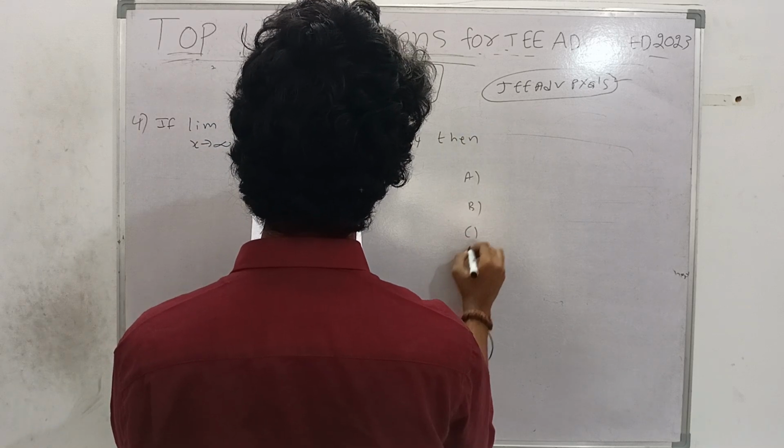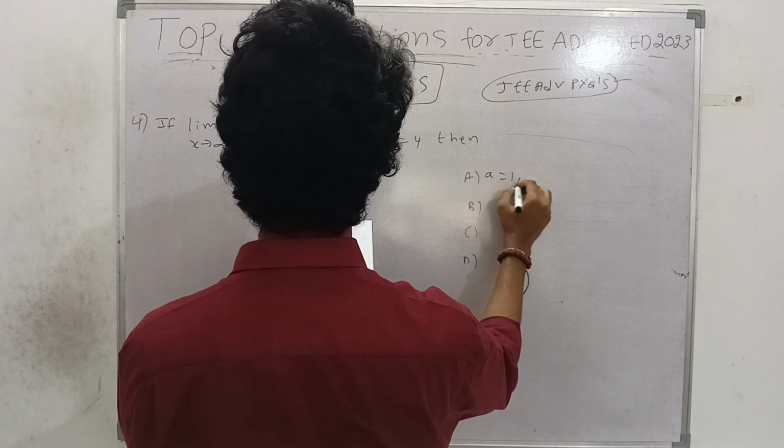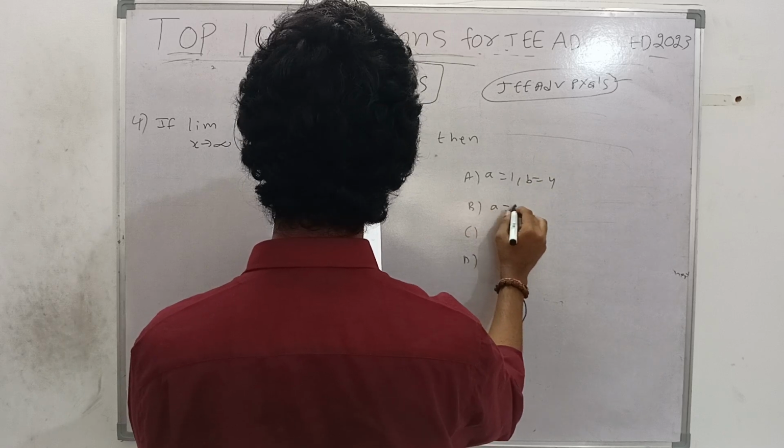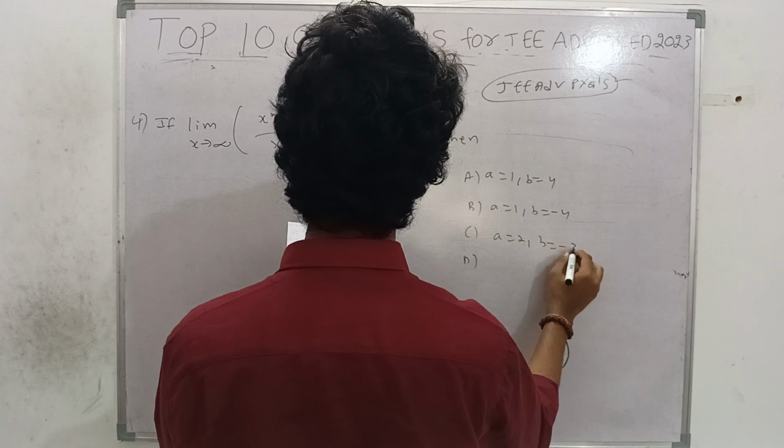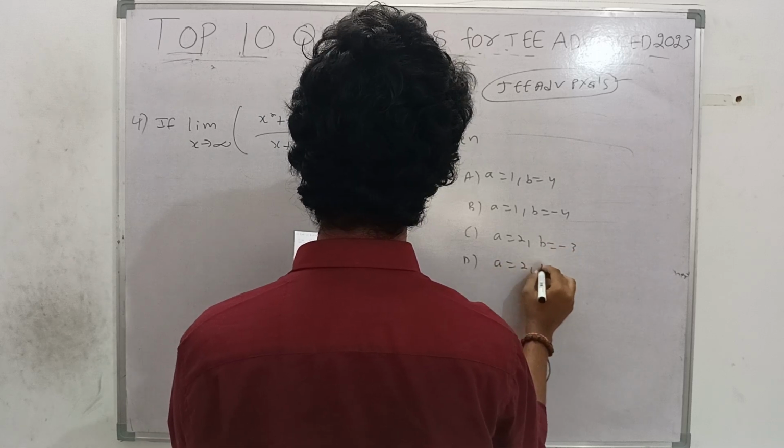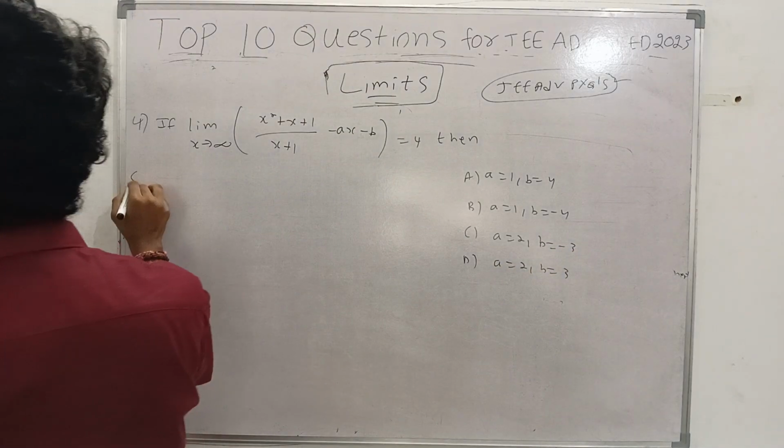Option A, a equal to 1, b equal to 4. Option B, a equal to 1, b equal to minus 4. Option C, a equal to 2, b equal to minus 3. Option D, a equal to 2 and b equal to 3. These are the options.